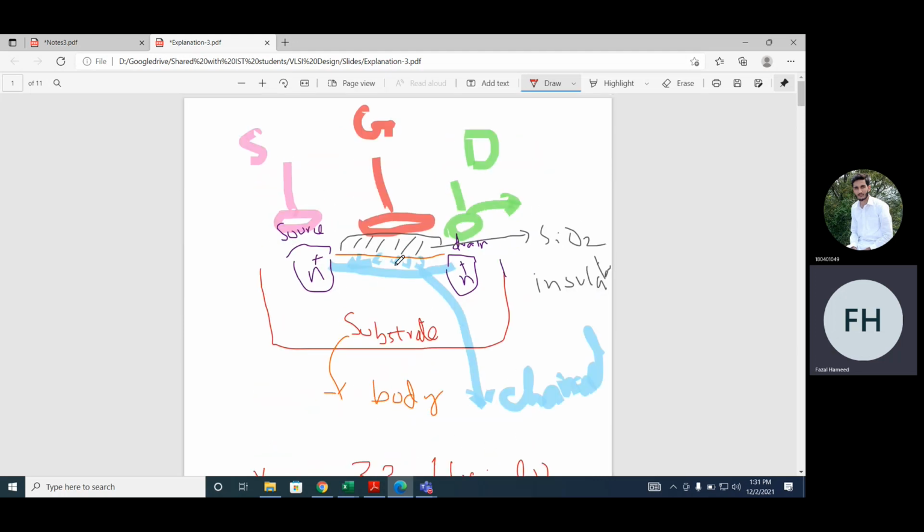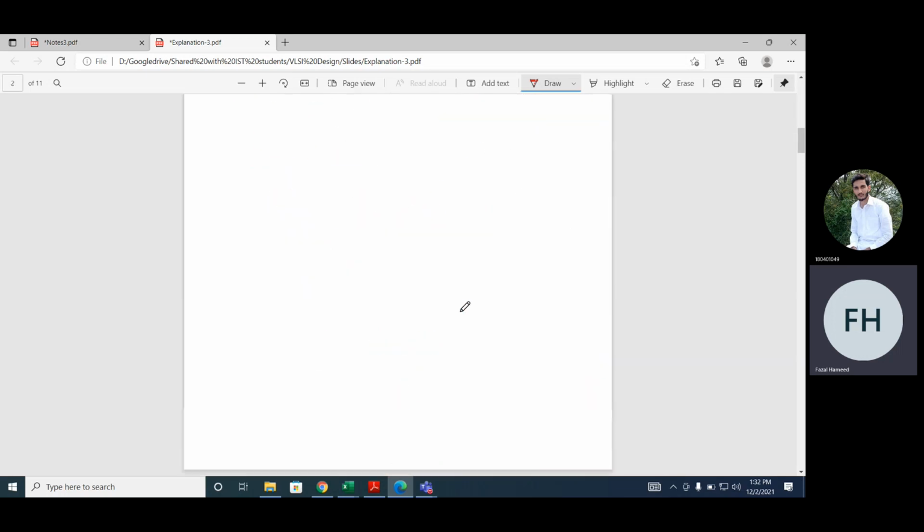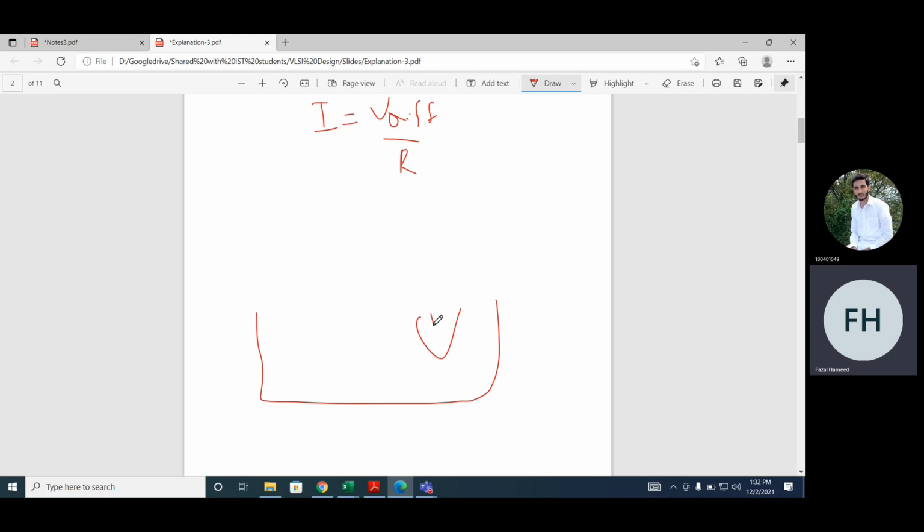Okay, so now this is the description for an NMOS transistor. For a PMOS transistor, instead of N plus, there will be P plus here.